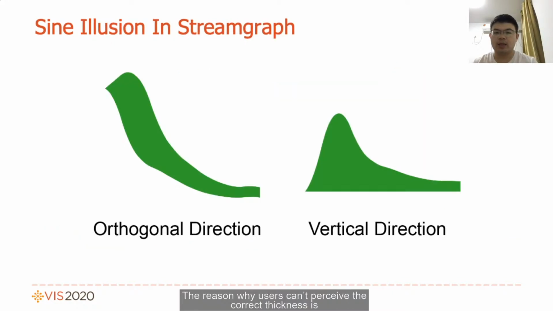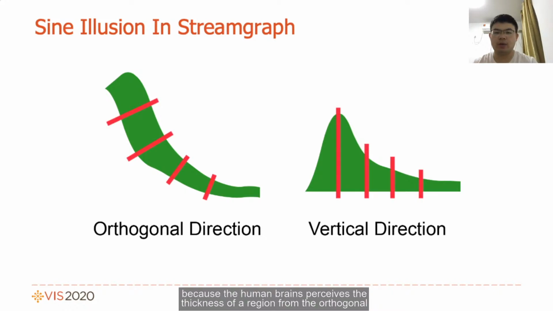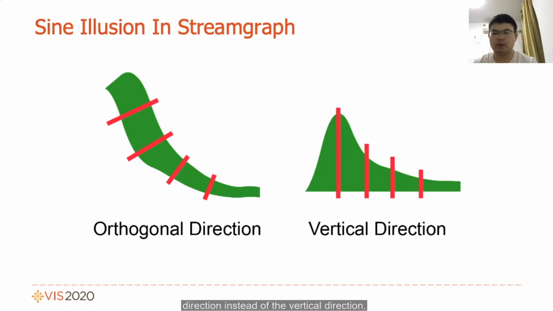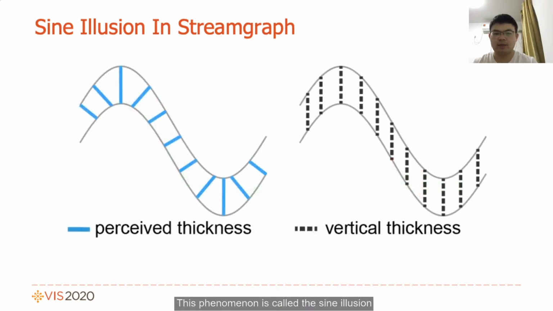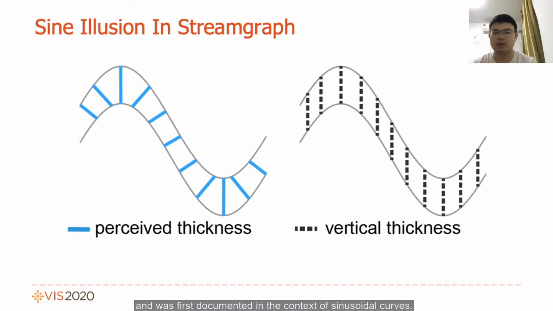The reason why users can't perceive the correct thickness is because the human brain perceives the thickness of a region from the horizontal direction instead of the vertical direction. This phenomenon is called sine illusion and was first documented in the context of sinusoidal curves.